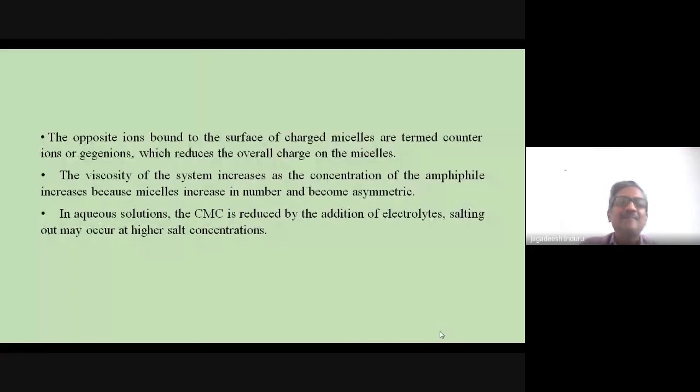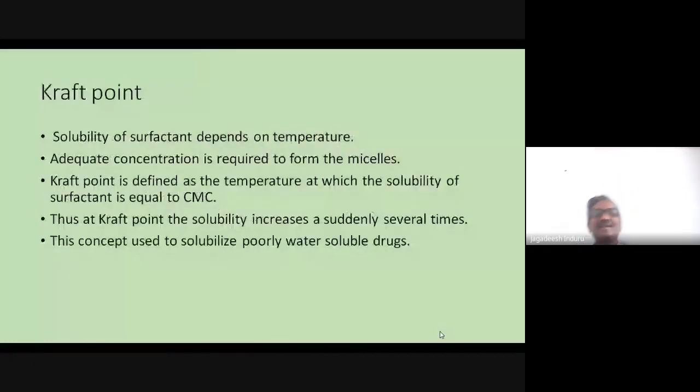An important point in this particular case is the Kraft point. Why this is very important to us is, we need to pick a particular temperature. At that temperature, your critical micellar concentration and your solubility are the same.